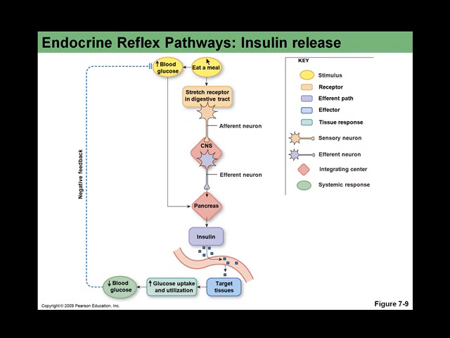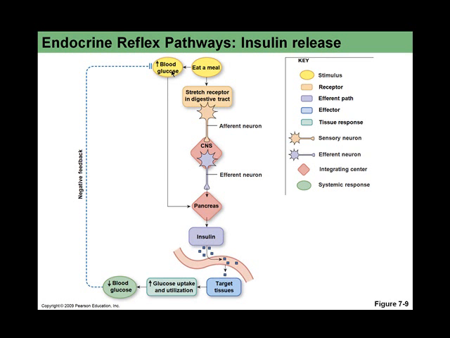Okay, so we eat a meal, and there will be stretch receptors in the digestive tract that have an afferent or sensory neuron that will signal through a neurotransmitter to an efferent neuron in the CNS that will innervate the pancreas and trigger the release of insulin.